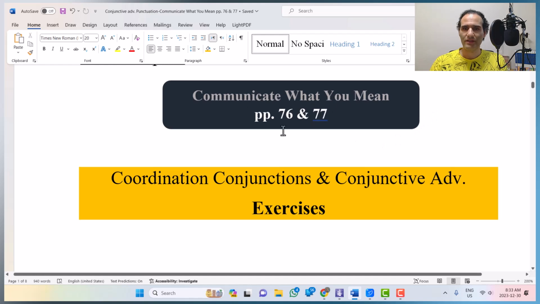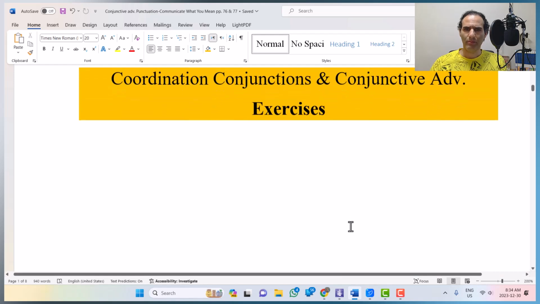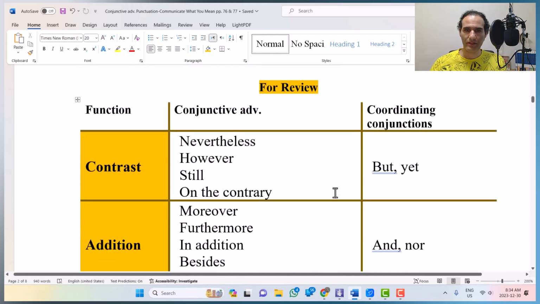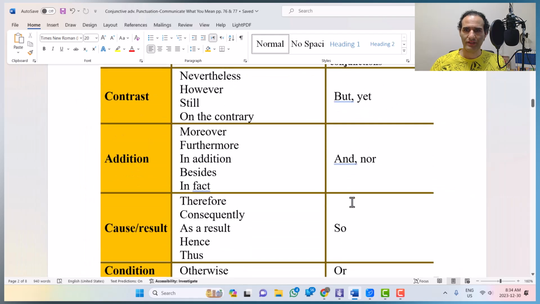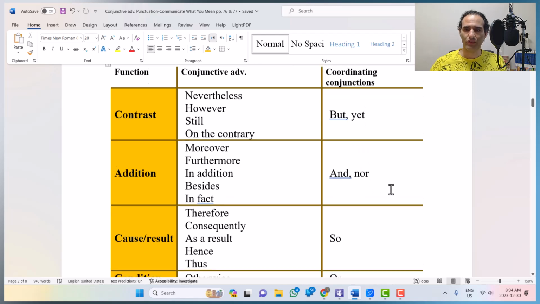Communicate What You Mean, pages 76 and 77. It is exercises on the punctuation of coordinating conjunctions and conjunctive adverbs. But for those who don't know what coordinating conjunctions and conjunctive adverbs are, I repeat this table just for the sake of a review. Coordinating conjunctions are fanboys: and, but, for, or, nor, so, yet.